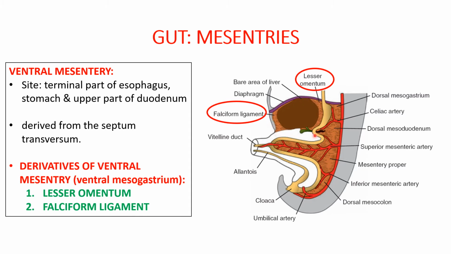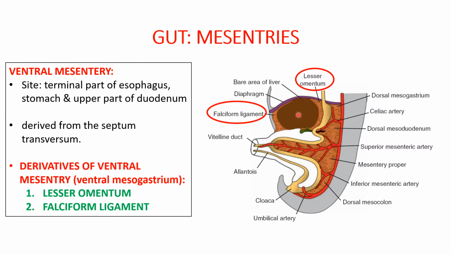Now this ventral mesentery is derived from the septum transversum, and this is the area of the septum transversum in which the liver grows. So because of this growth of the liver into the septum transversum, which is actually the ventral mesentery part, the ventral mesentery divided into two portions, a portion in front of the liver and a portion behind the liver.